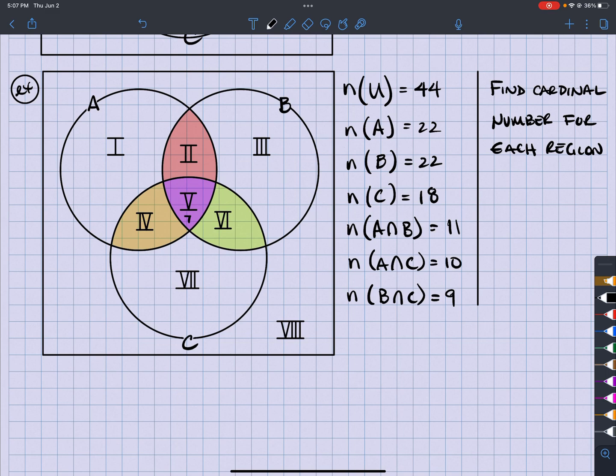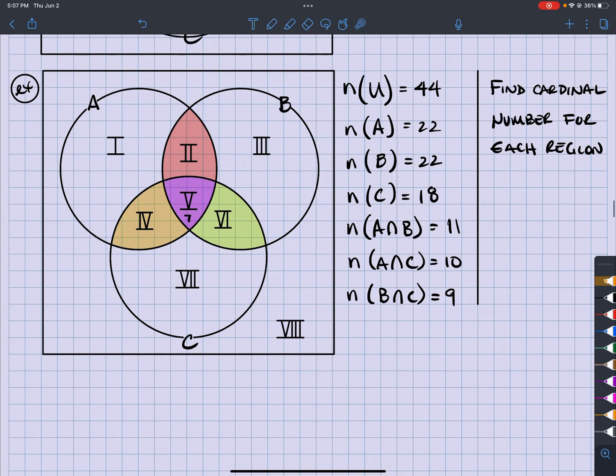Okay, so let's look at this. The best way to do this is start small and inside, and then get bigger towards the outside. So it's best to know 5 first, then get 2, 4, and 6, then get the 1, 3, 7, then the 8. Okay, so we gotta work in that way.